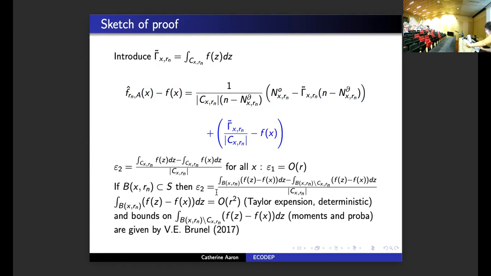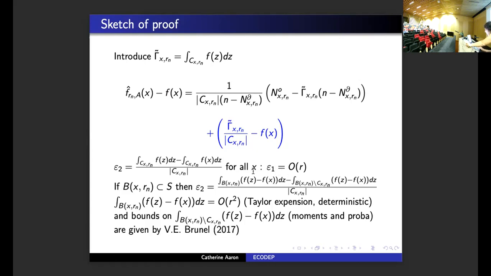If I do a bit more, I introduce the integral on the ball, and then I remove the part which is in the ball but not in the convex hull.